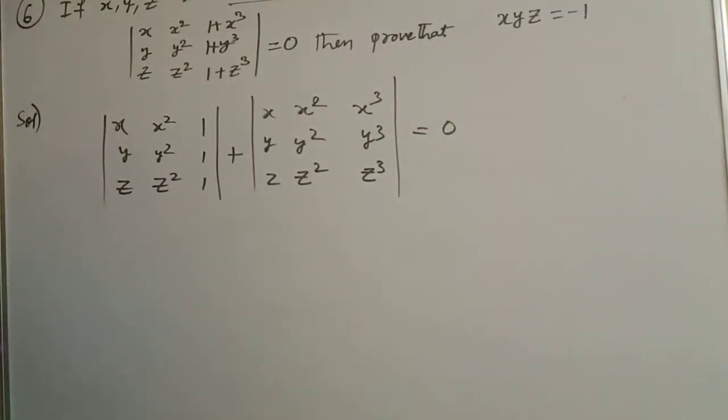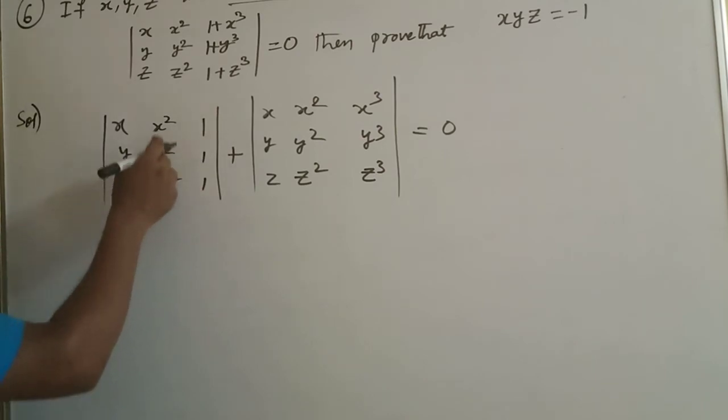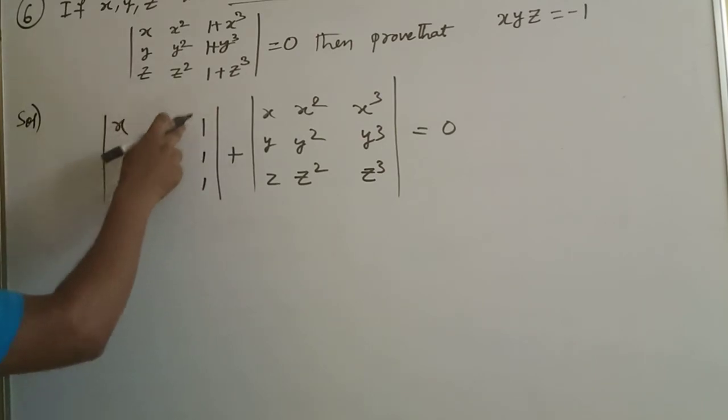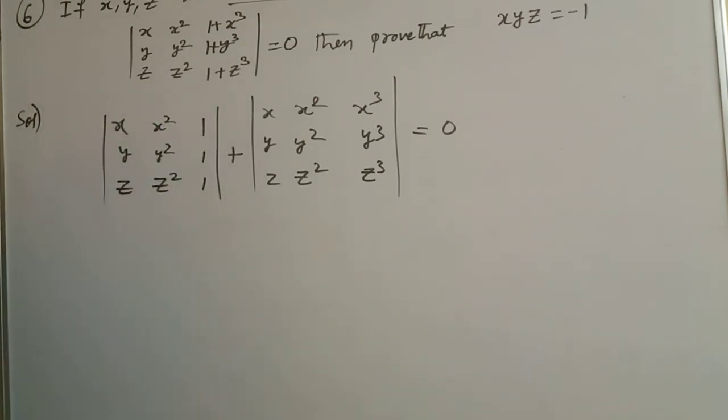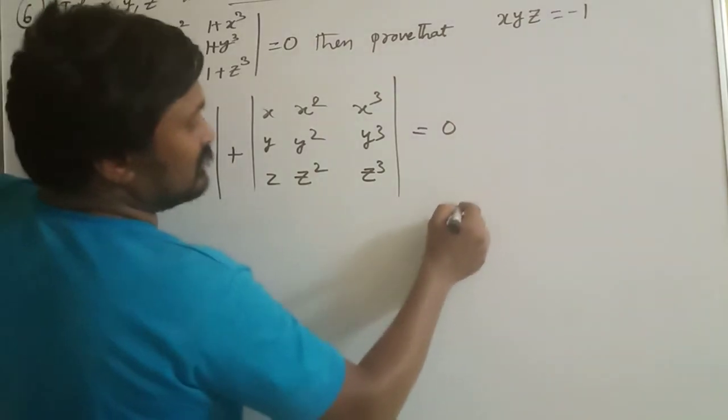After this, just these two rows I'll exchange. If you exchange the rows, the determinant will get the minus symbol. Have you remembered this?